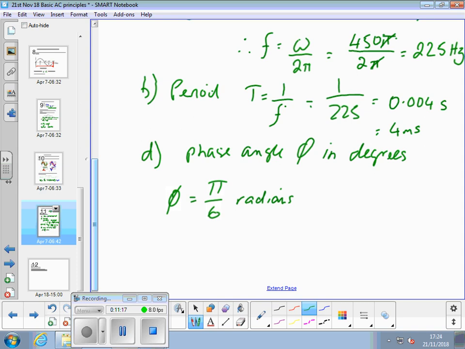Well, what you want as an expression, we travel pi radians in 180 degrees.